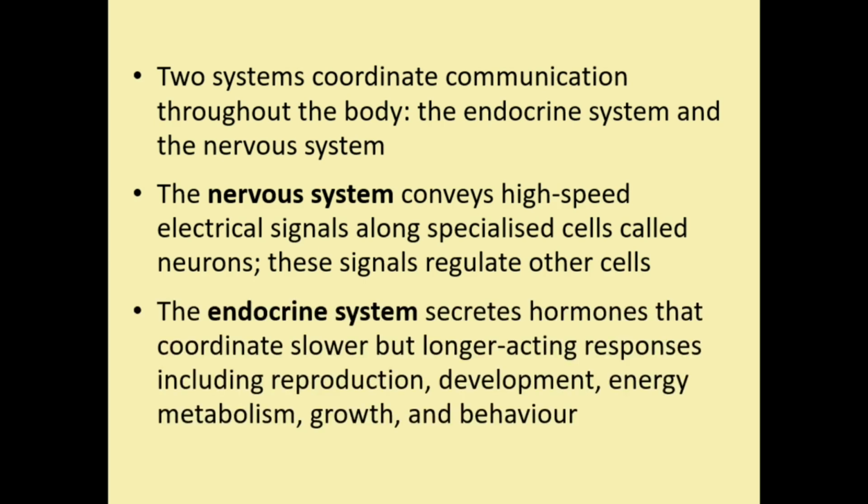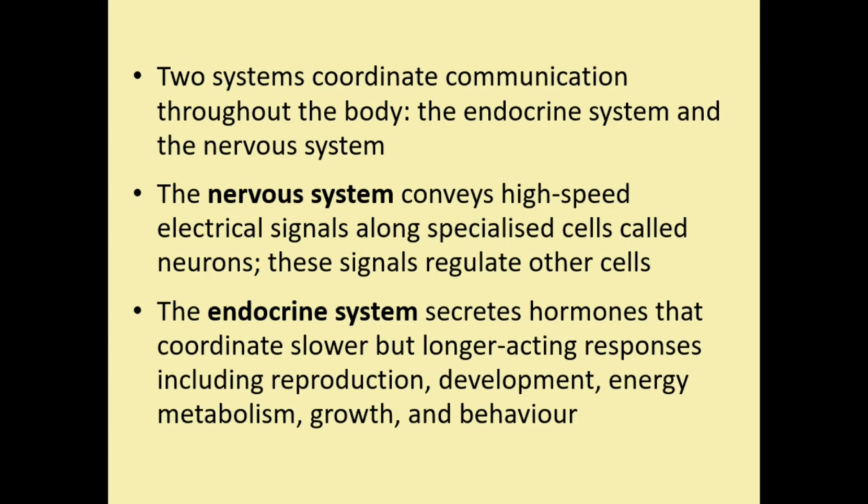The endocrine system, on the other hand, is a much more slow and long-acting system. The endocrine system secretes hormones that coordinate slower but longer-acting responses. So rather than responding to a change in light going into our eye, or the reaction that we have when we accidentally touch a hot kettle, with the endocrine system what we're doing is coordinating and managing things like reproduction, growth and development, metabolism, and also behavior.